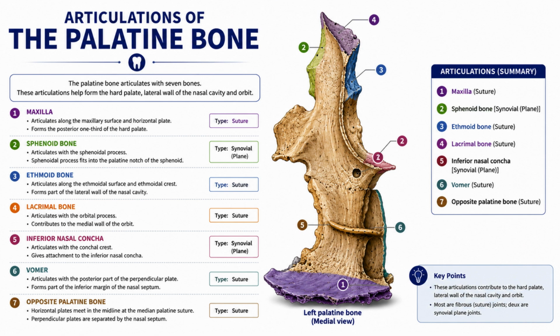Next, it articulates with the inferior nasal concha and the vomer bones. With vomer bone, it forms part of the nasal septum. Then it articulates with the opposite palatine bone in the midline, that is the median palatine suture. It forms the hard palate.